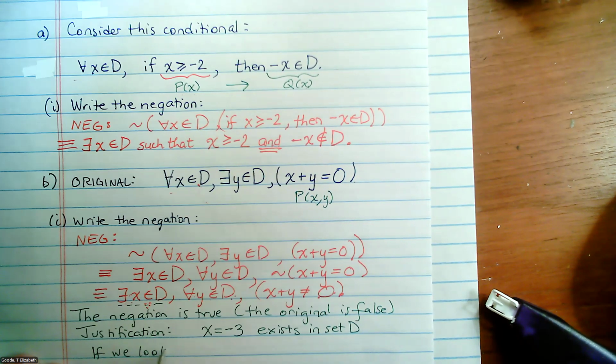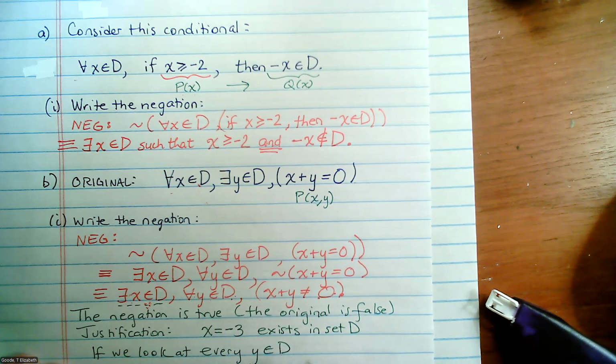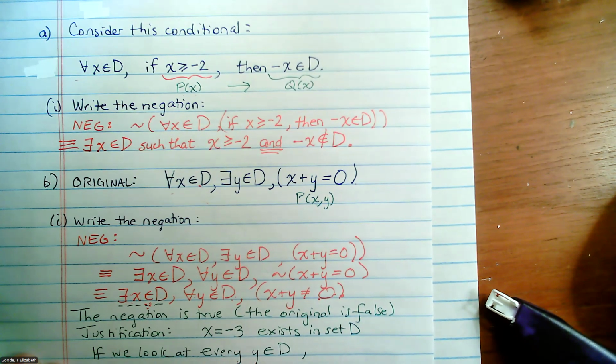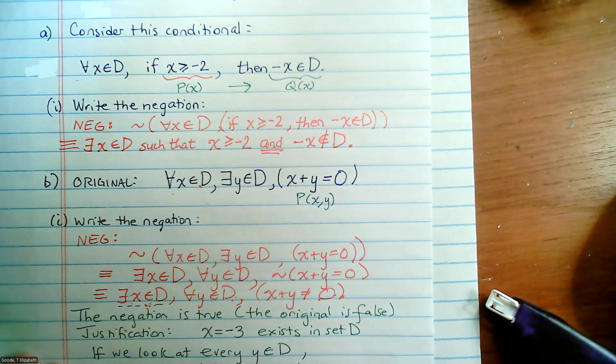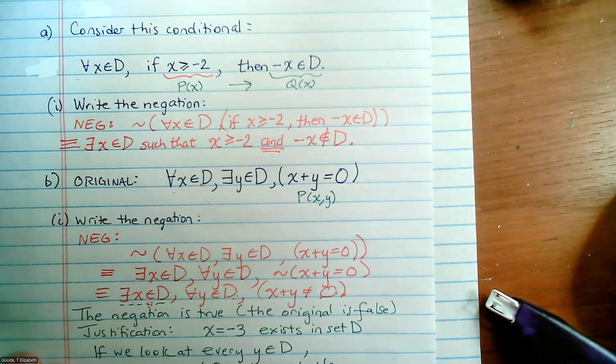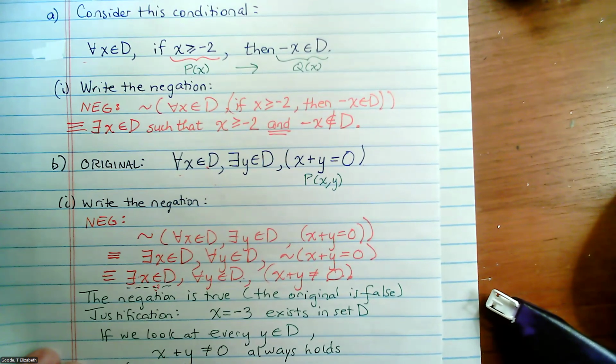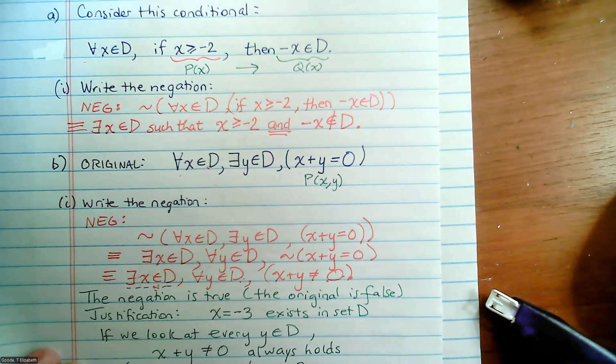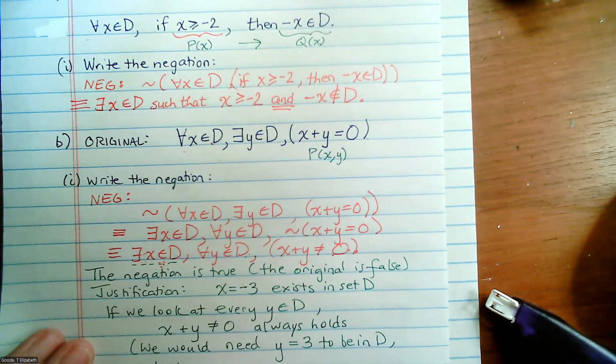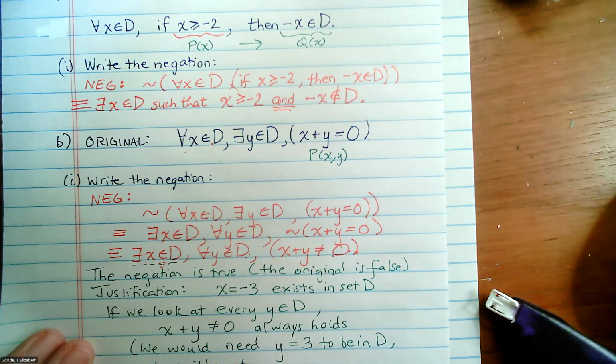If we look at every y in D, x plus y not equal to 0 always holds. We would need y to equal 3 to be in D, but it's not. It's not there.